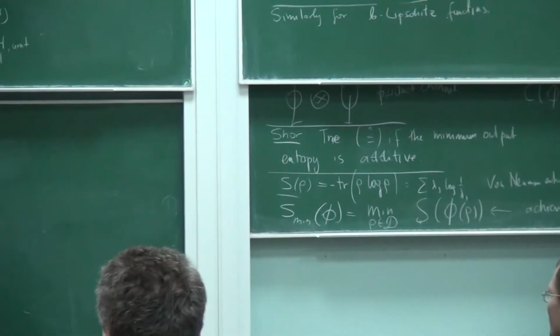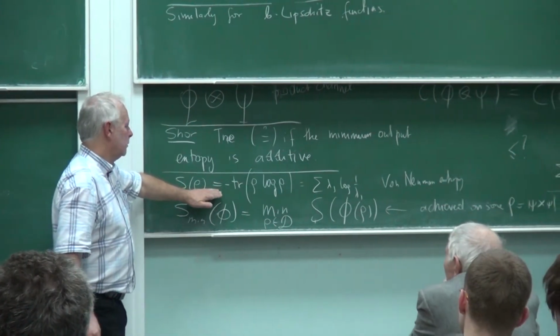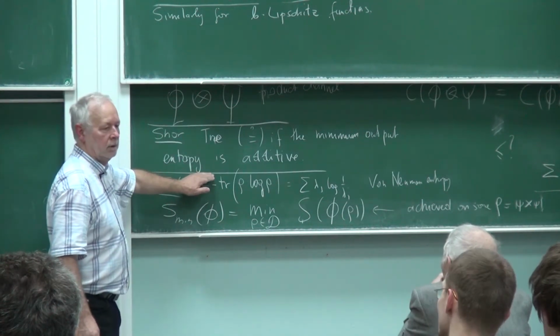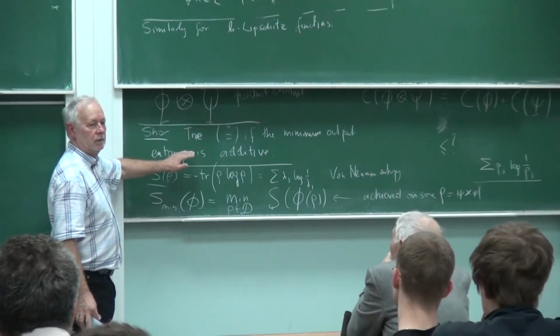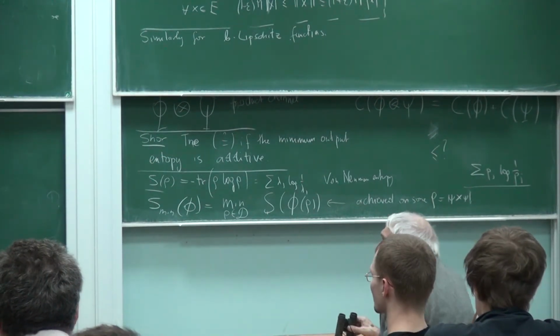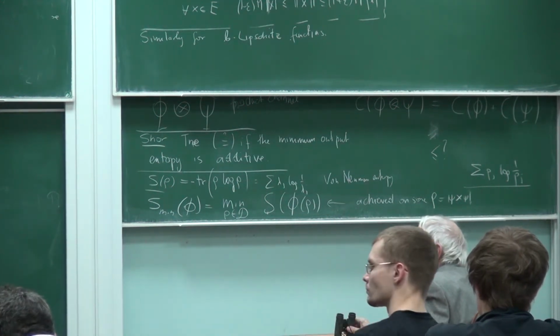Okay, so the next step here. Actually, I will not really talk that much about this particular problem, but a slightly modified problem, very closely related. And what one defines is what is called Renyi entropy.